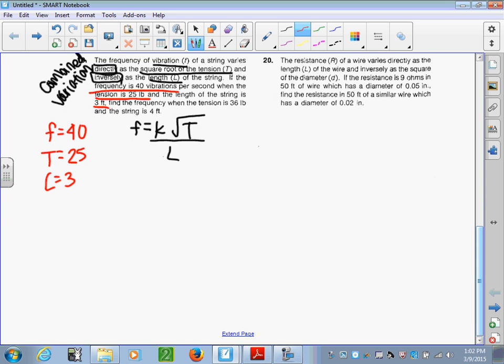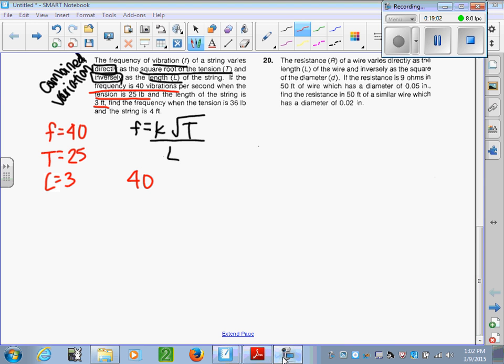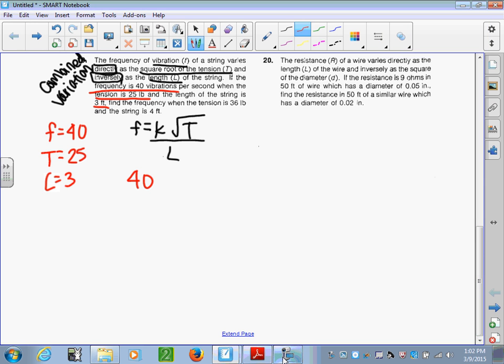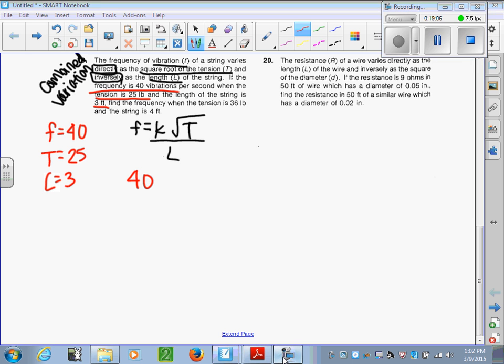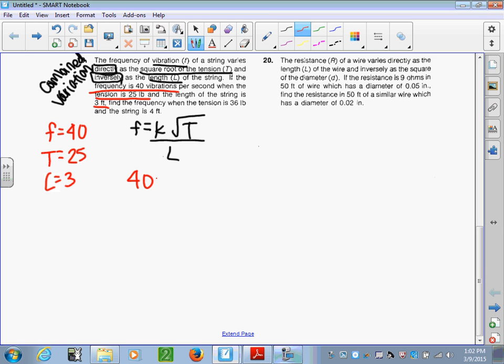F of 40 equals k square root of t, which is 25, over length, or L, which is 3. Let's solve this.